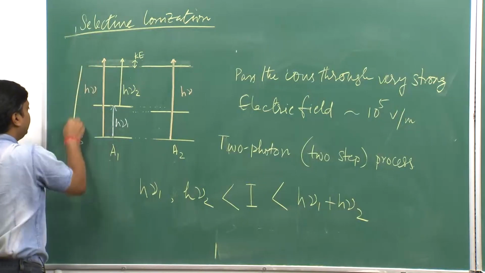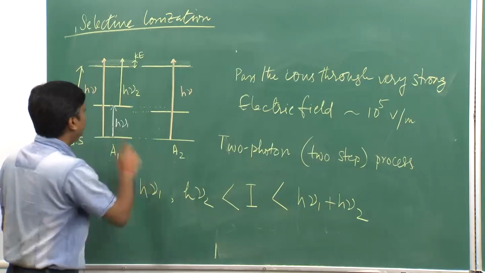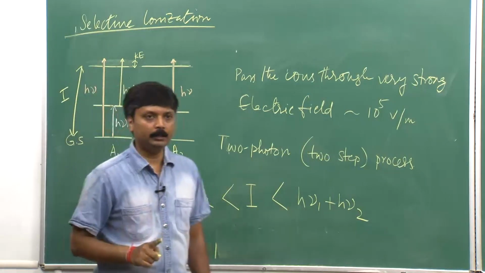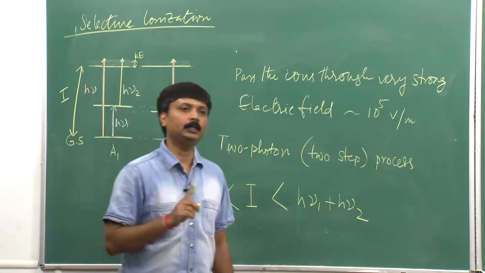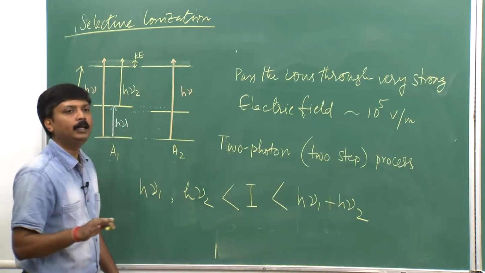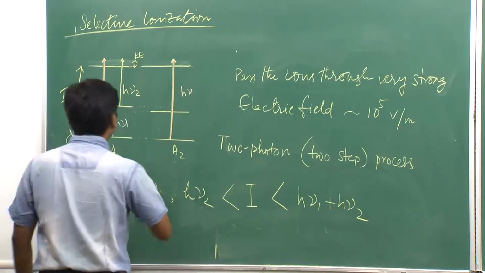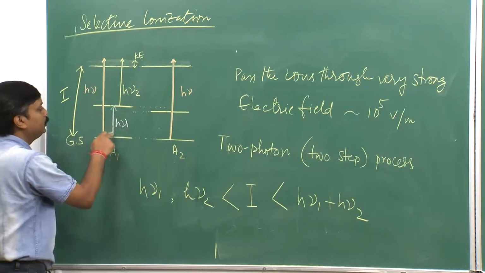So, this is my ionization energy, right. Individually nu 1 and nu 2 must be less than the ionization energy, while together nu 1 and nu 2 will be more than the ionization energy. So, you use something like a dye laser, which is tunable, and tune your wavelength to match one of these states.